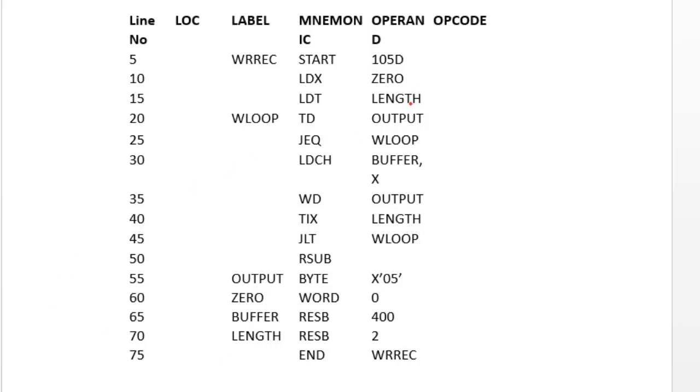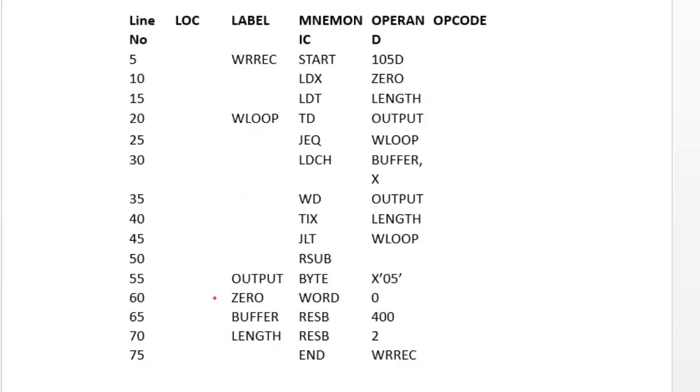What is the address of length? I don't know because it is defined later in the program. If assembler is processing line number 15, it is not having any information regarding the label definition which appears at line number 70, right? So it doesn't know the address of the length right now. This problem is called as forward reference.